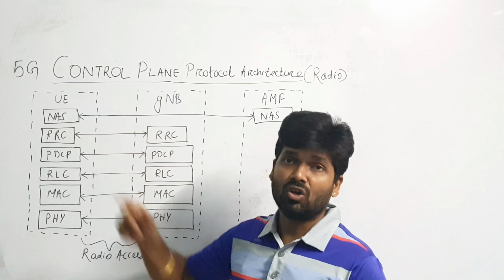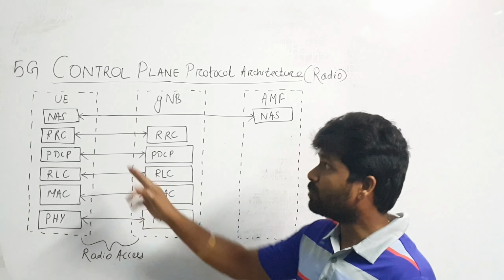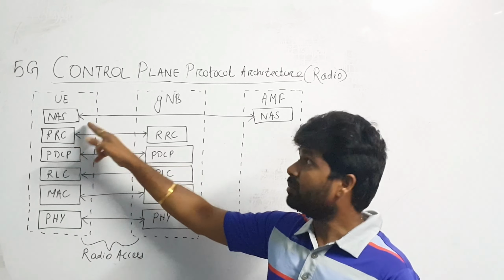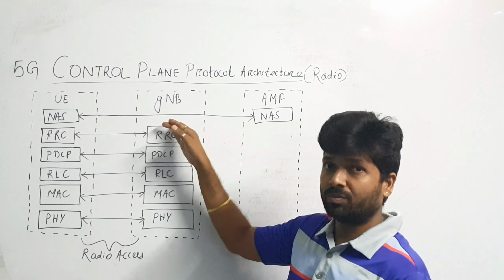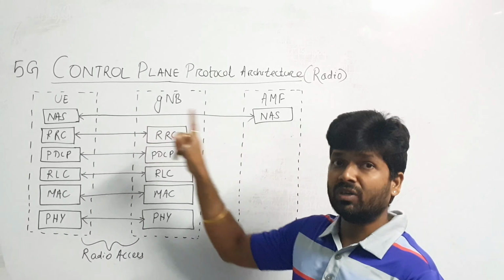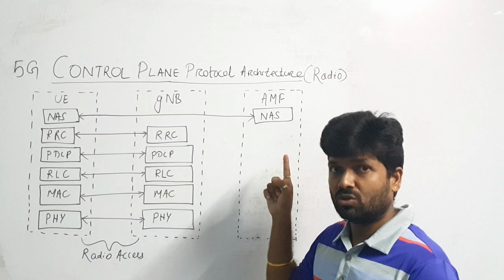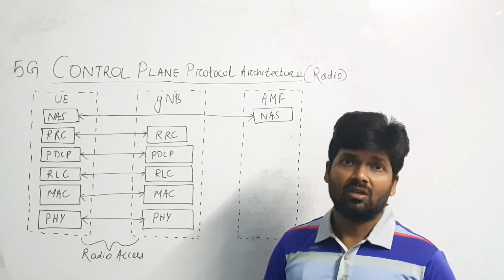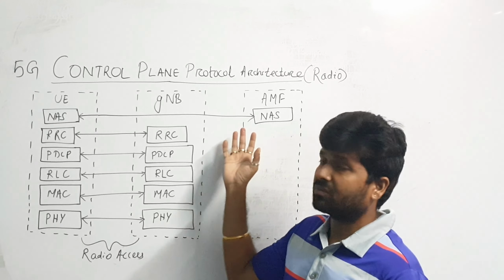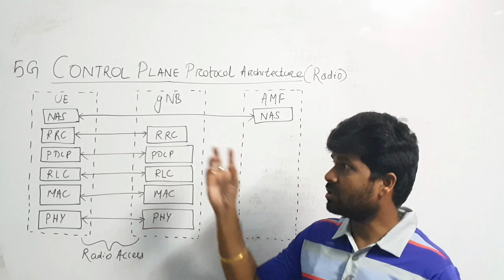NAS stands for non-access stratum. That protocol terminates at the AMF. It doesn't decode at the gNode B level. It is a communication between the UE and the core network. This protocol is basically used for authentication, and to identify whether this is the UE or not.